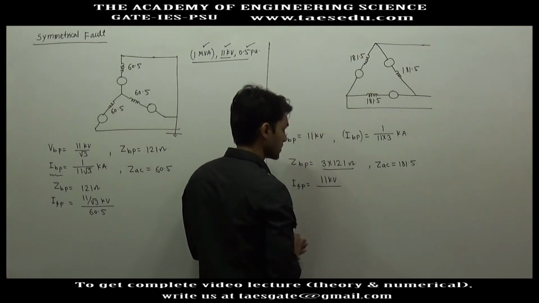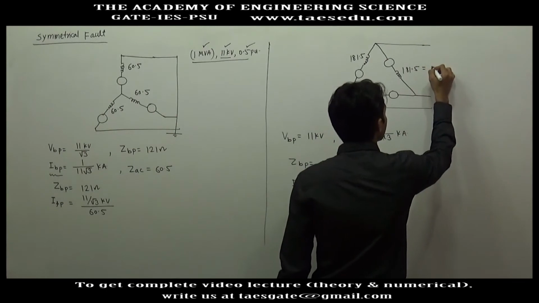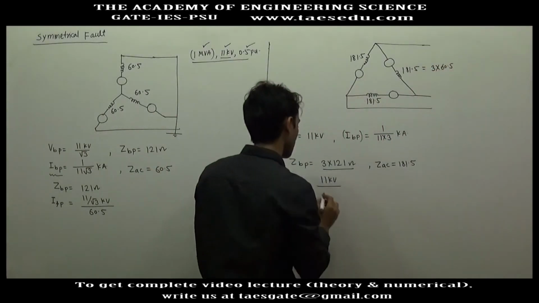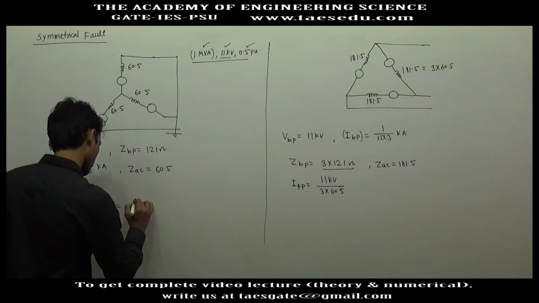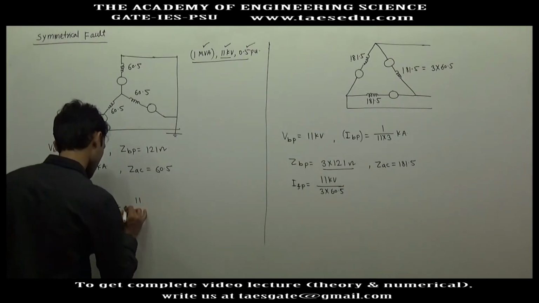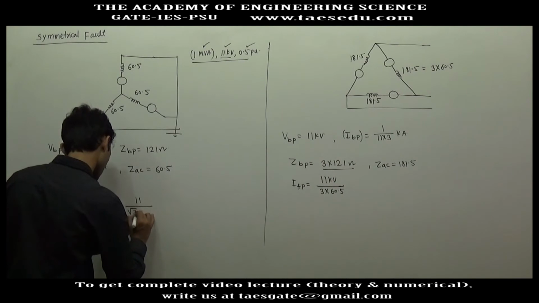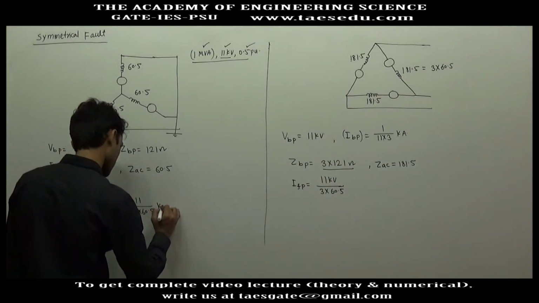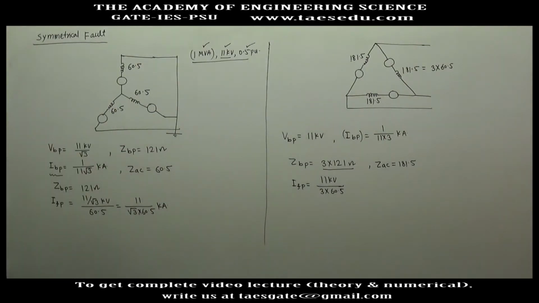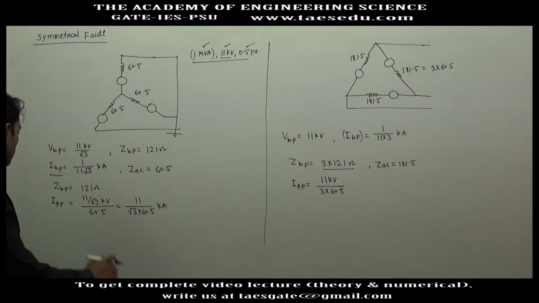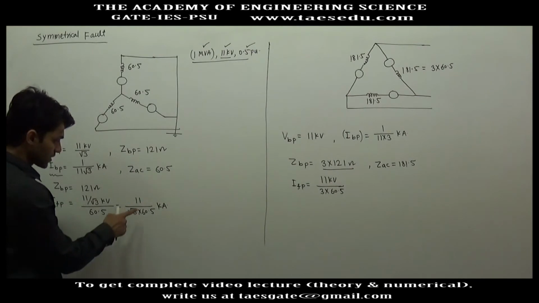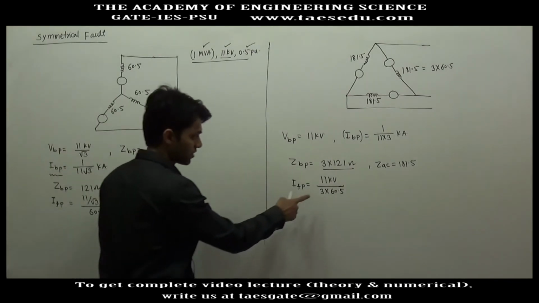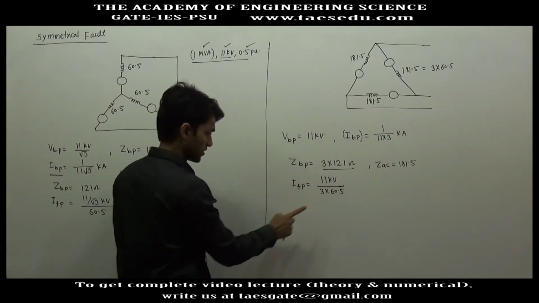For better comparison, I will write 181.5 is equal to 3 into 60.5. There you have 60.5. This is 11 divided by root 3 into 60.5 kiloampere. So here the fault current in phase is 11 divided by root 3 into 60.5, and here you have 3 into 60.5.